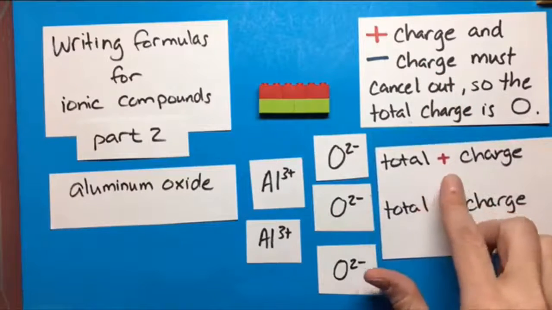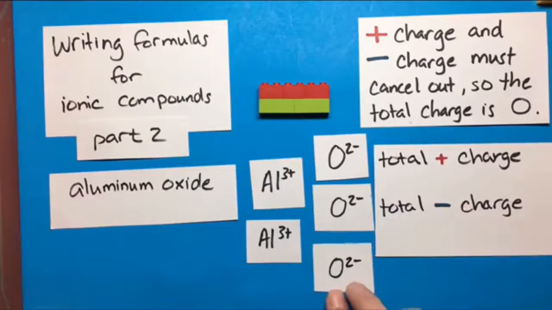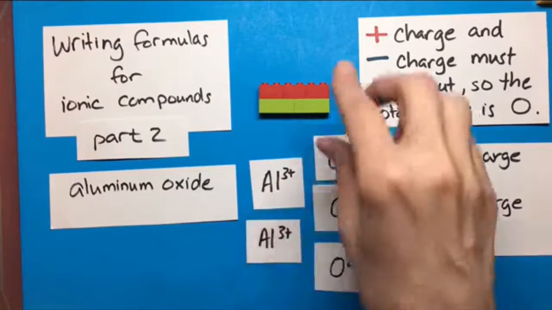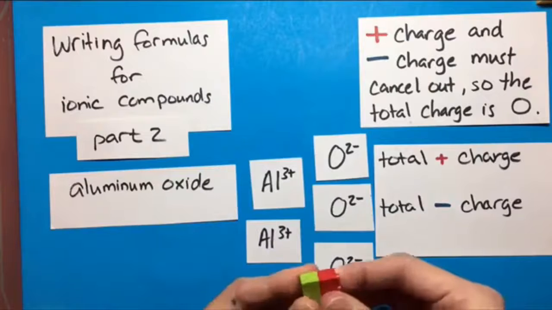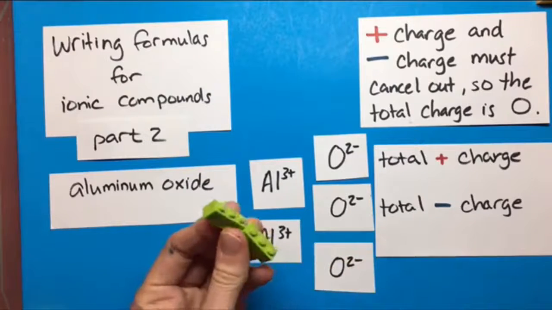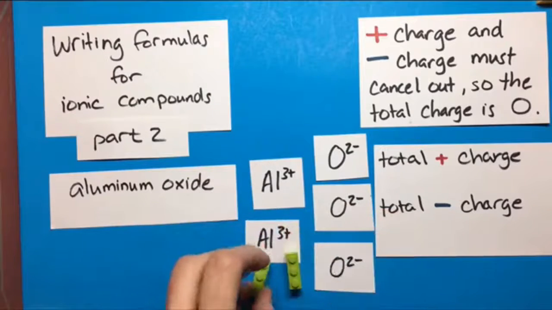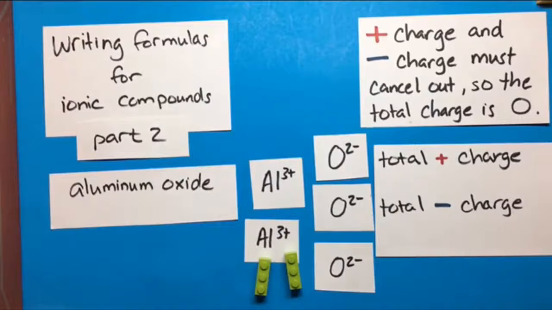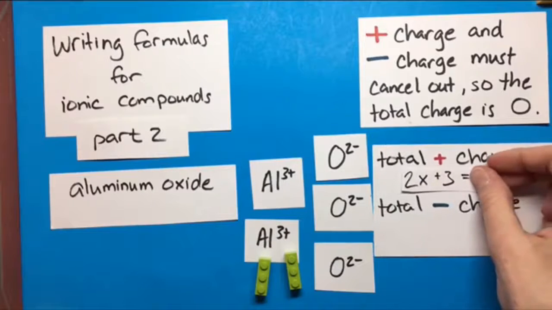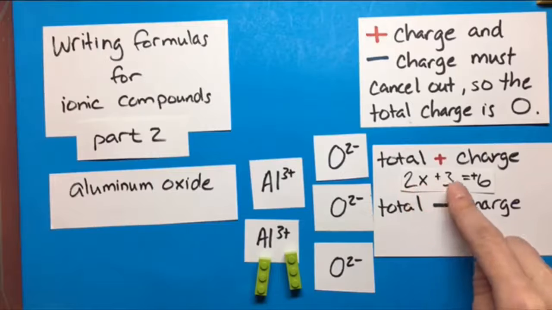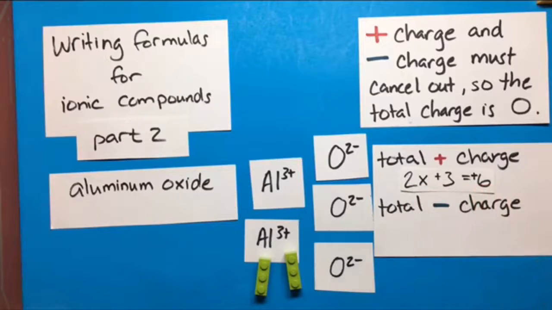Remember, I want my total positive charge to equal my total negative charge. My total positive charge comes from the 2 aluminum ions I used. Each aluminum ion has a charge of positive 3. 2 times positive 3 is positive 6. I have a total positive charge of positive 6.